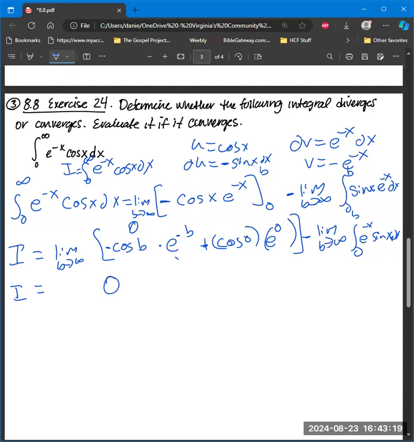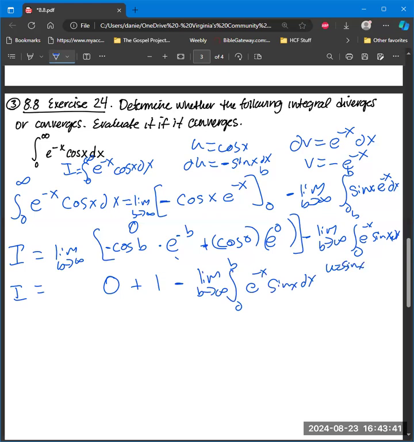And then I have plus 1 times 1 is 1, minus the limit as b goes to infinity of the integral from 0 to b, e to the negative x sine x dx.